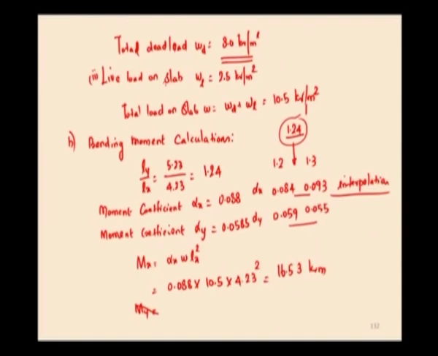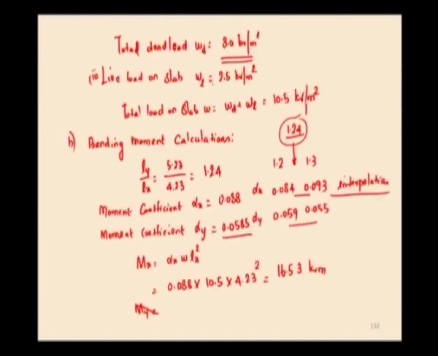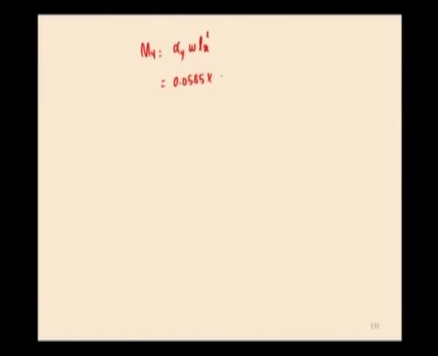So, here it is 0.0585 into w, 10.5, into 4.23 square, which is equal to 10.99 kilonewton meter.